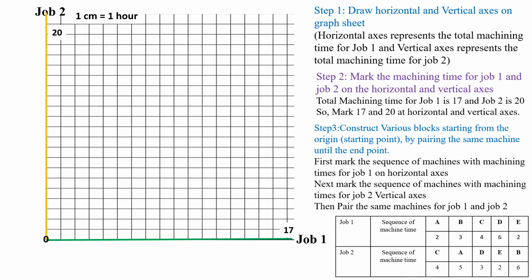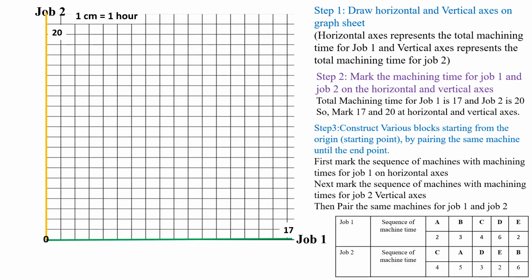First mark the sequence of machines with machining times for job 1 on the horizontal axis. Next mark the sequence of machines with machining times for job 2 on the vertical axis. Then pair the same machines for job 1 and job 2. So first you have to mark the sequence of machines for job 1 on the horizontal axis.